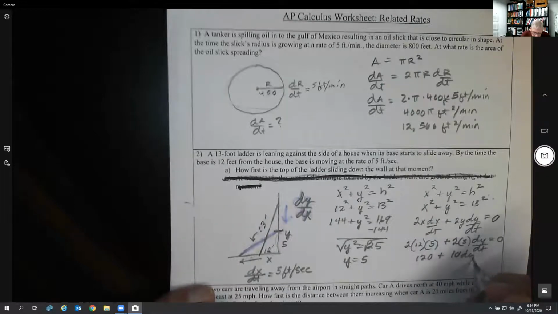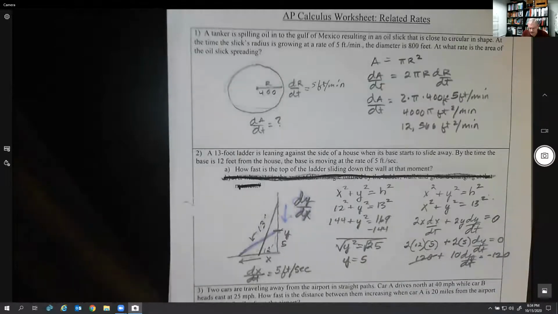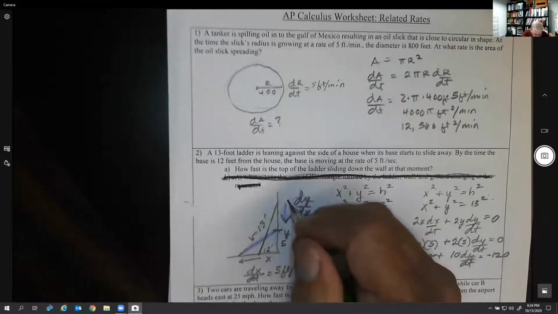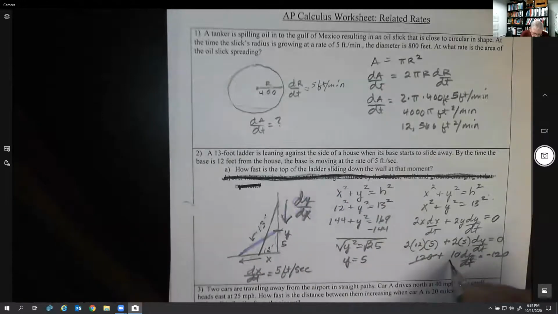10 dy over dt. I bring this over to the other side as negative 120, and that makes sense because the ladder is coming down. It's falling down. So this should be a negative rate. And we divide both sides by 10.